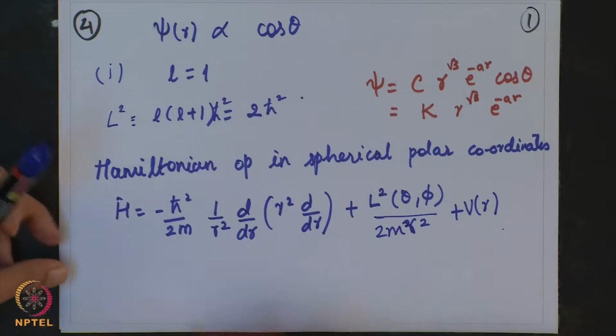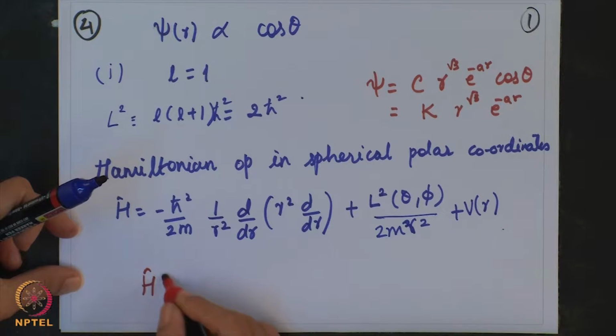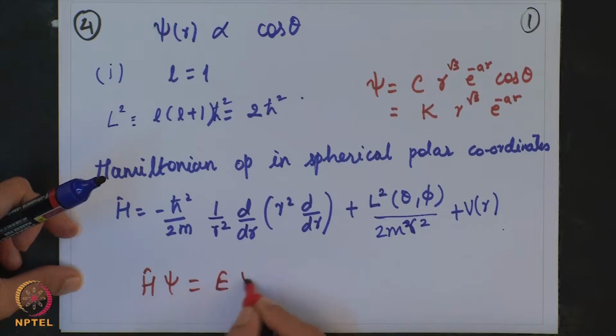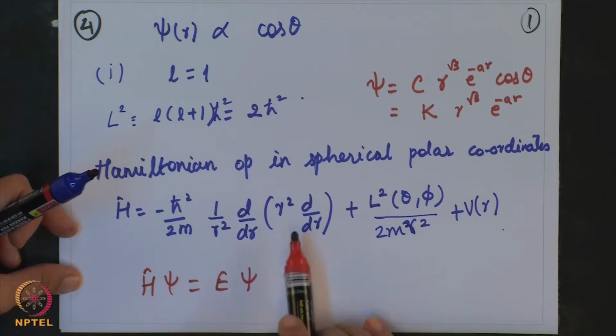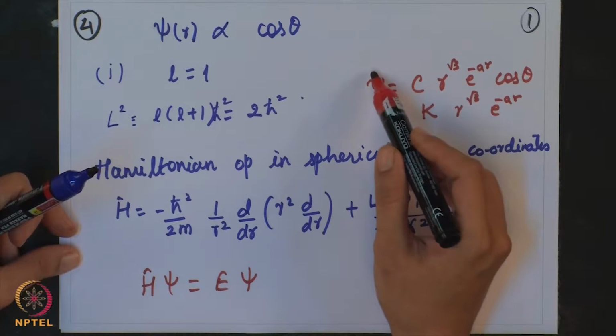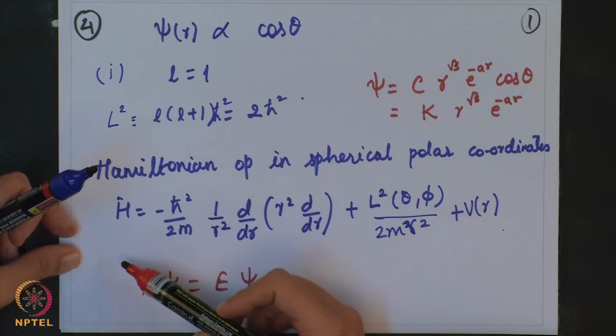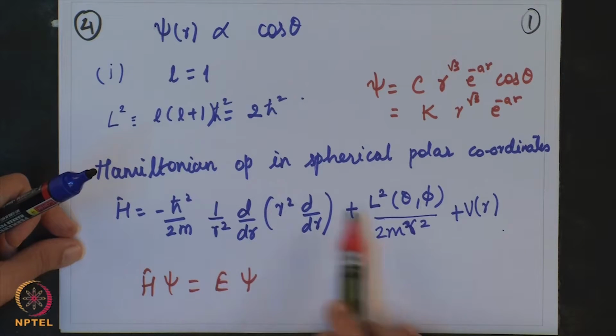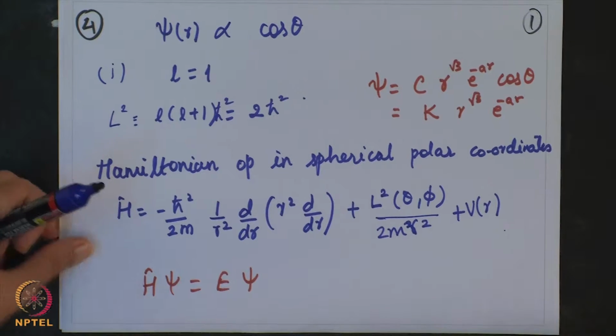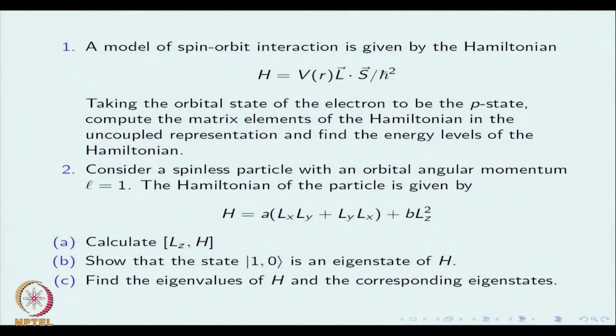So, first recollect your eigenvalue equation, H psi is equal to E psi, right, and when you operate on the wave function which is given to you with the Hamiltonian, the only part that will be affected or changed would be the radial part. So, here you will substitute for the radial component and differentiate it with respect to r.